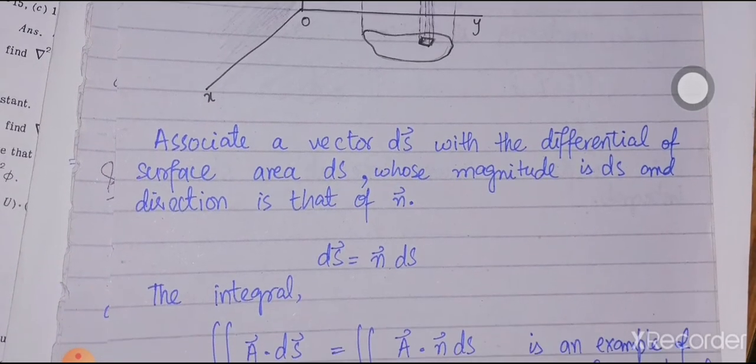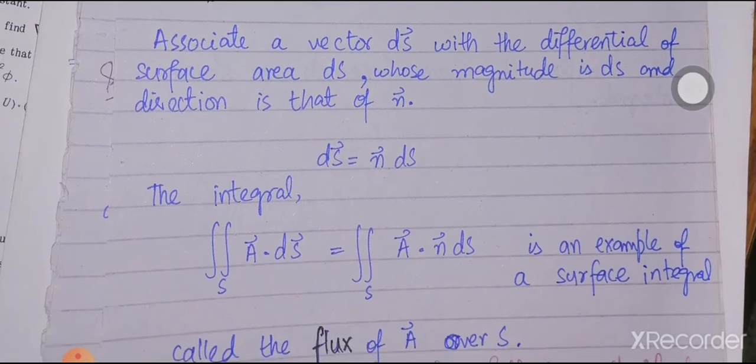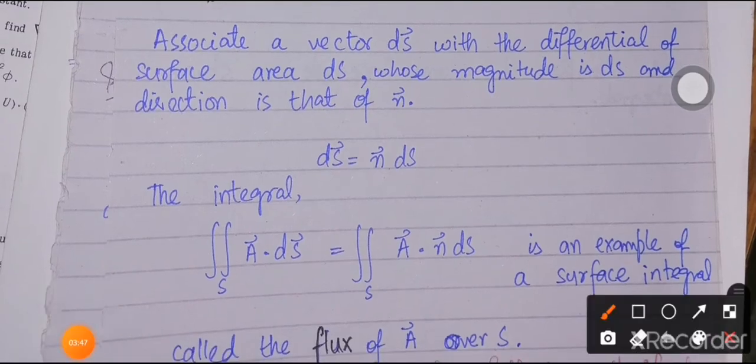So dS is defined to be n dS. The double integral of A dot dS, or the double integral of A dot n dS, defines a surface integral, and it is named as the flux of A over S.